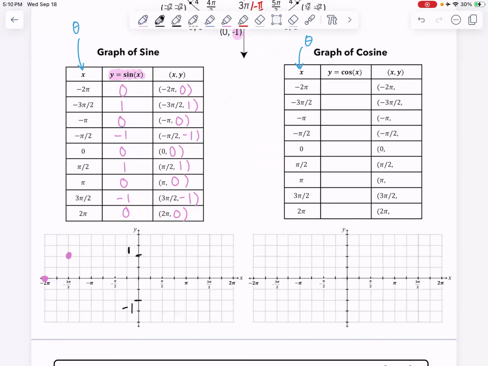So if I come down here and plot that, I have negative 3 pi over 2. We have negative pi comma 0. I'm just looking at these points here. Negative pi comma 0. Negative pi over 2 comma negative 1. 0, 0. Pi over 2 comma 1. Pi comma 0. 3 pi over 2 comma negative 1.